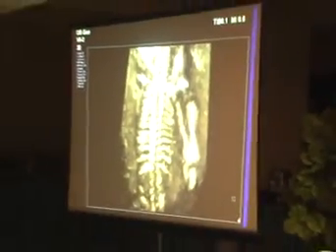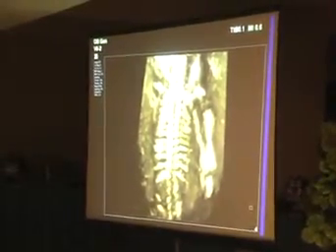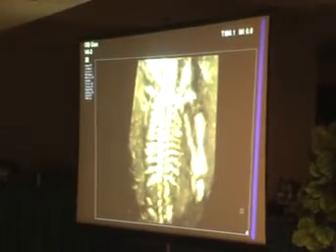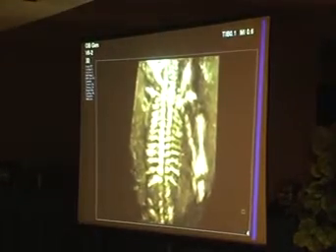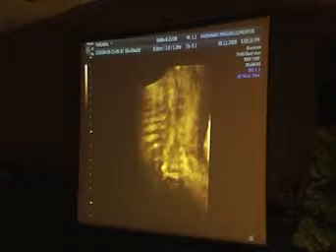Now I'll show you some images. This is an image I took with the new machine. This is a skeletal mode of this machine. And another image which I took with the Wilson unit. This is a spina bifida. It's clearly seen.